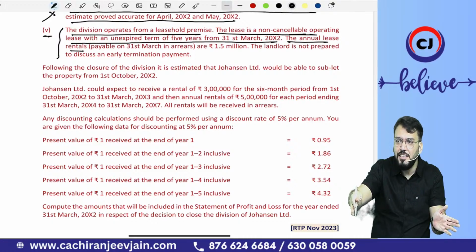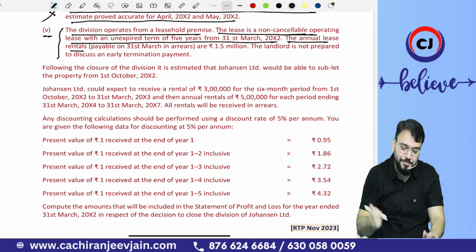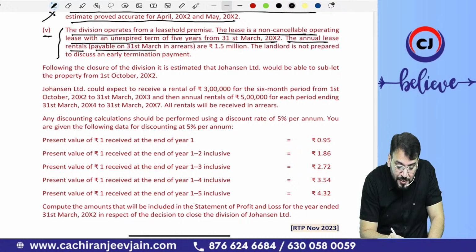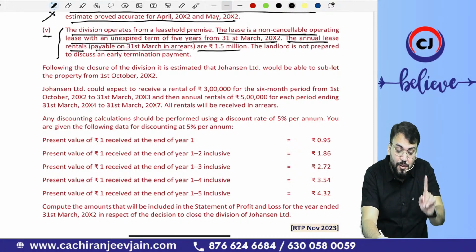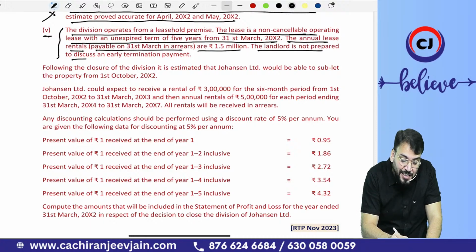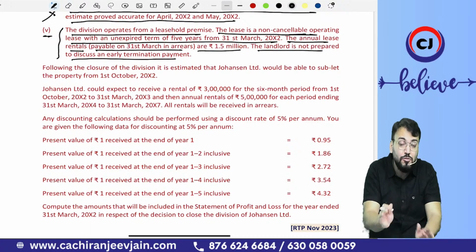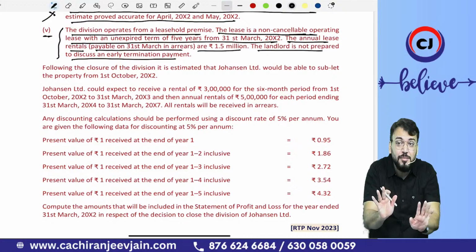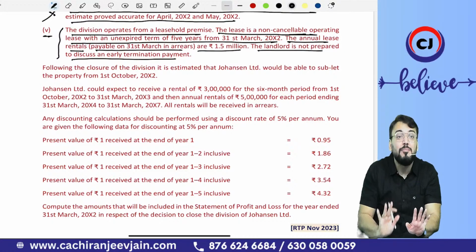The annual lease rental payable on 31st March in arrear is 1.5 million, payable at the end of each year. The landlord is not prepared to discuss any early termination payment, which means it cannot be terminated.